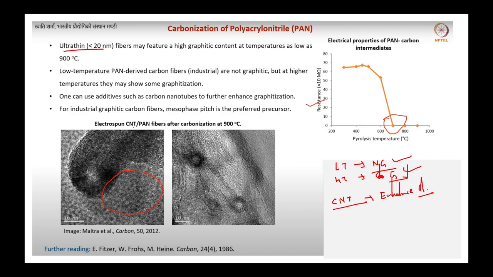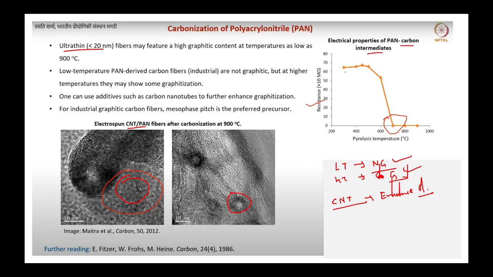Here you can see electrospun PAN-CNT fibers after carbonization at 900 degrees centigrade. This is a zoomed image showing how beautifully it has carbonized. And next, the electrical properties of PAN carbon intermediates.